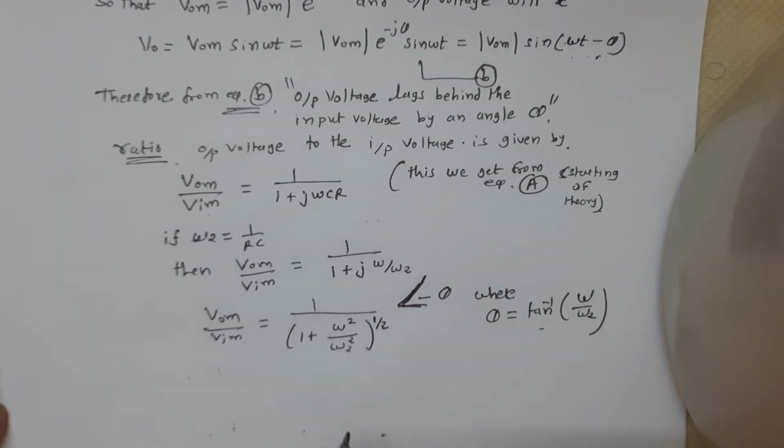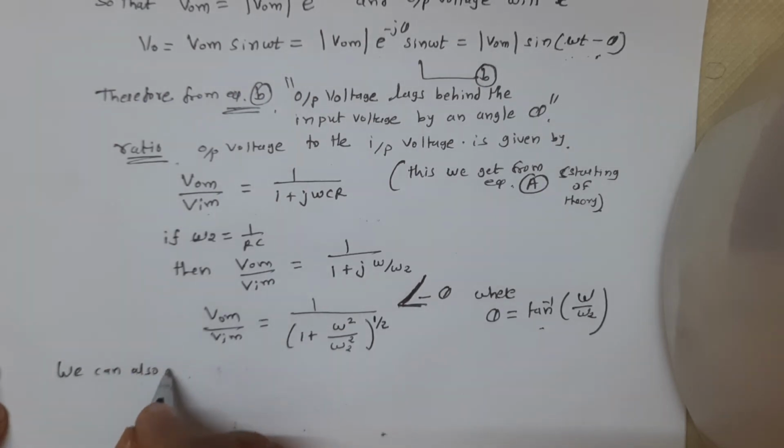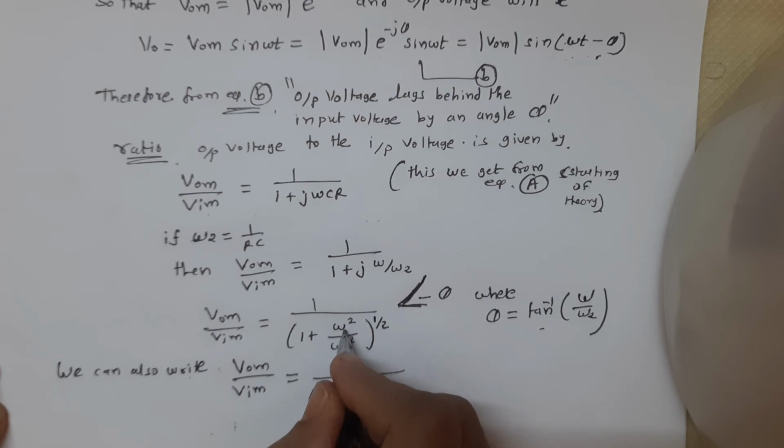We can also write VOM upon VIM equal to 1 upon 1 plus, instead of omega we put 2 pi f, and instead of omega 2 we put 2 pi f2.